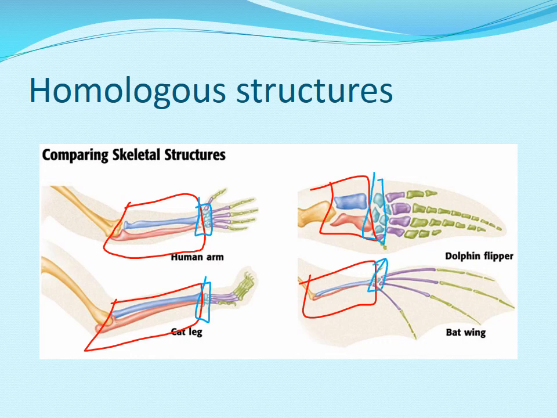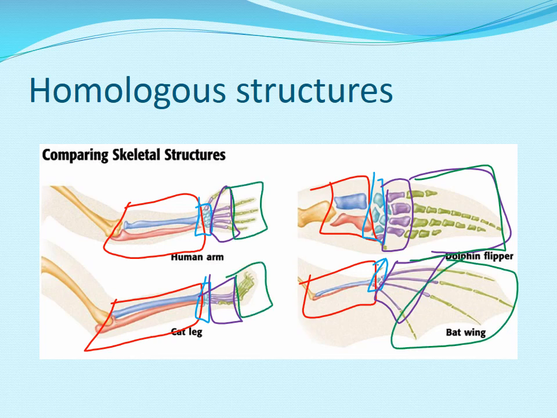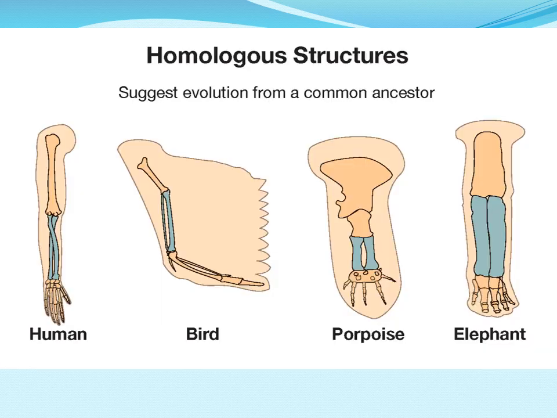They have metacarpals, which are these purple ones, and they have phalanges. Oops, sorry, I meant to make that one green. That's phalanges, the little fingery bits on the ends. So that's pretty cool. Structurally, all of these are very similar, and so we believe that all of these organisms likely had a common ancestor.